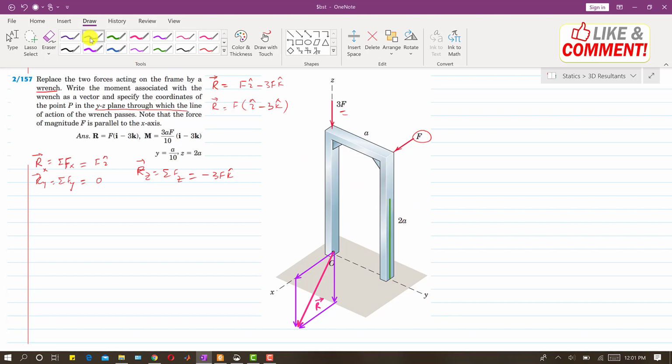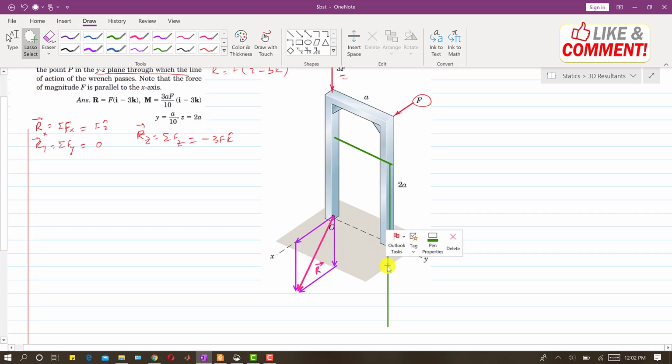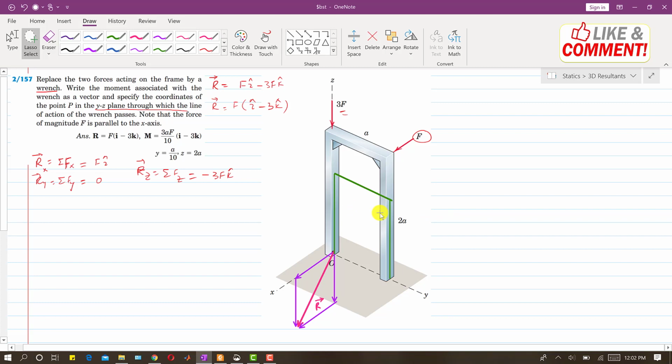And if I draw another line parallel to the y axis, somewhere here, and place it here, right, and if I copy this line again and place this line here, so this is the YZ plane, right? So these green lines constitute a YZ plane.